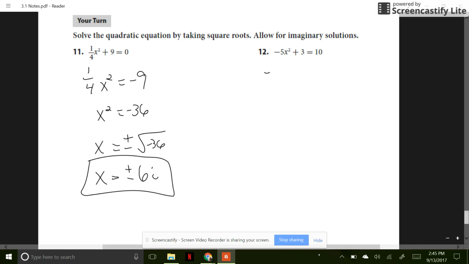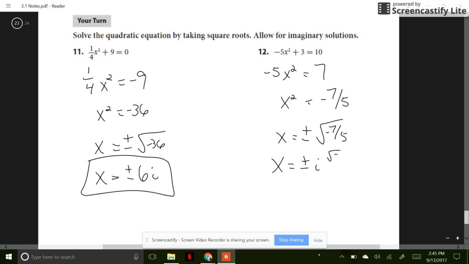Over on the right here, we subtract 3. So negative 5x squared is equal to 7. Divide by negative 5. Take the square root. Get plus or minus the square root of negative 7 over 5. So I can immediately pull that i outside.